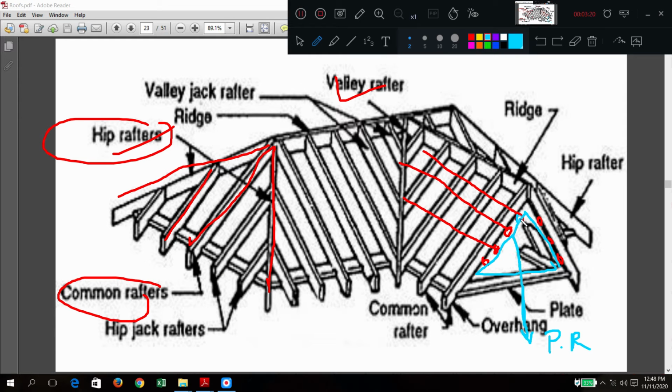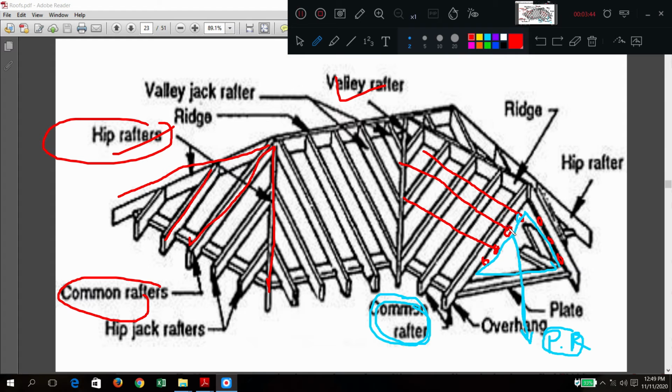Above that the purlins will come, this red one running like this, and above the purlins again rafters will come, called common rafters. Innermost is the principal rafter, outermost are the common rafters, both running from ridge piece to the bottom of the slope.